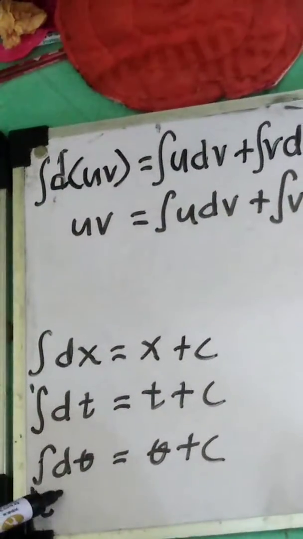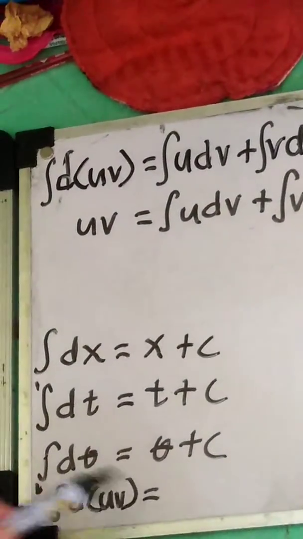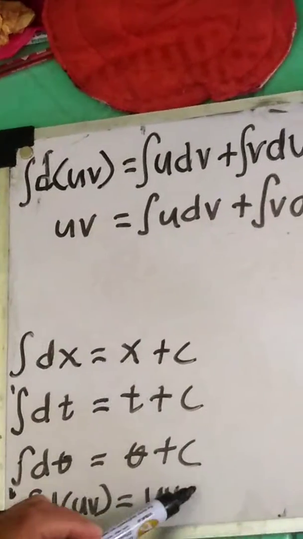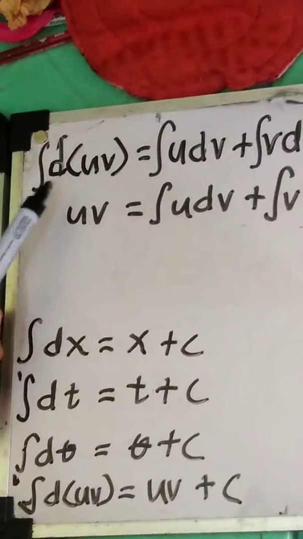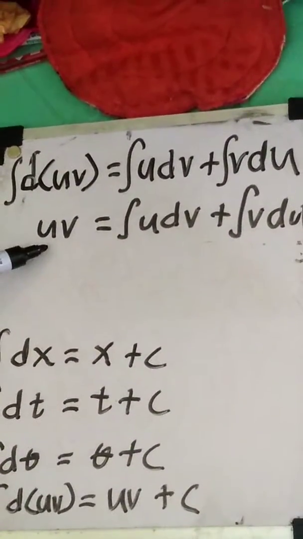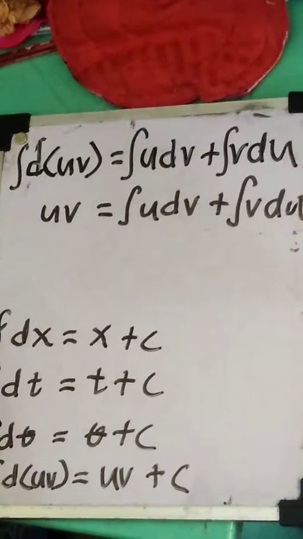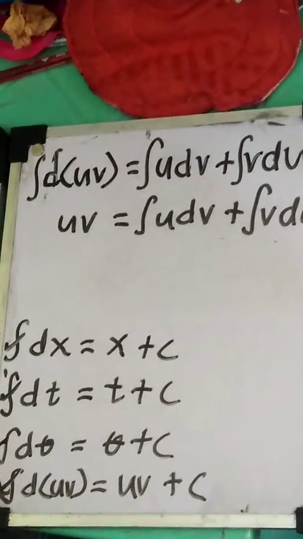Now, if we have integral of d(uv), the answer is uv plus c. That's why upon integration of d(uv), the integral is uv, as we saw from the examples.